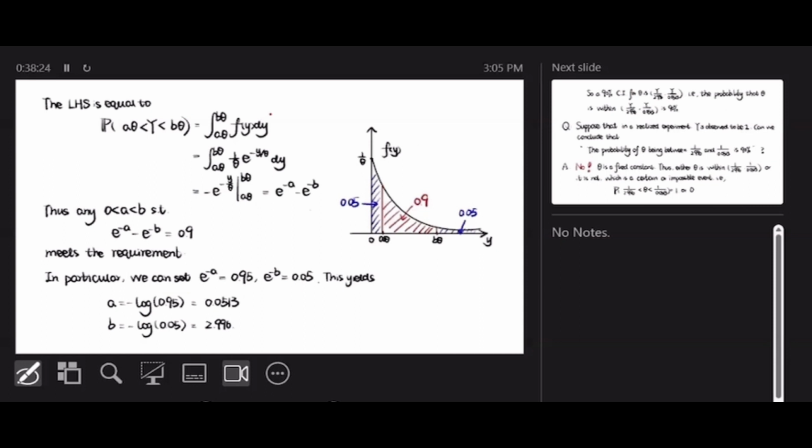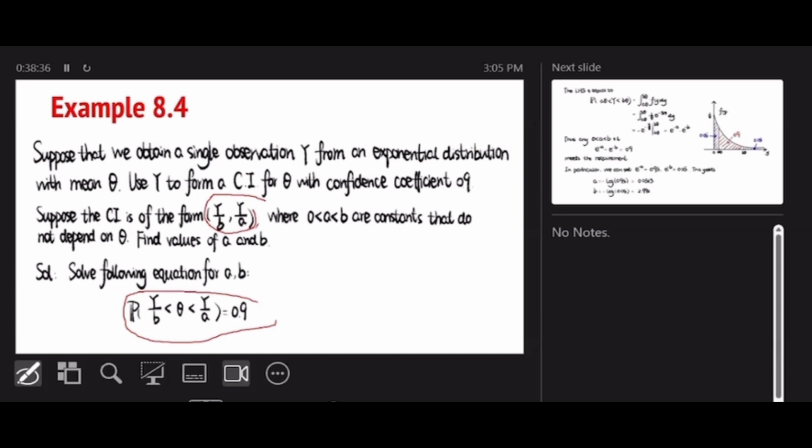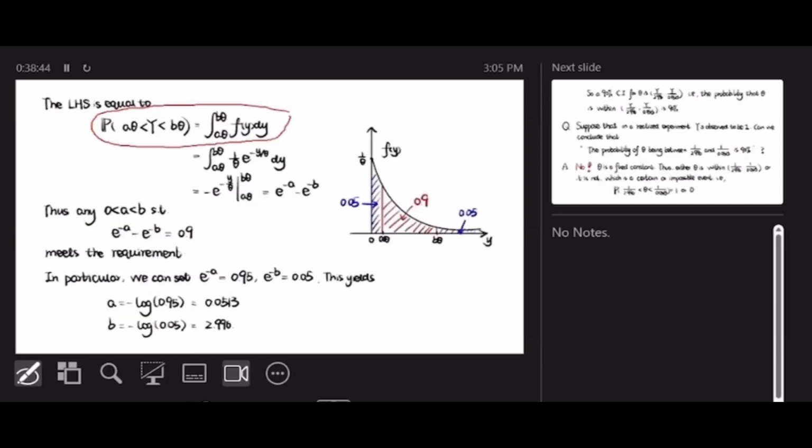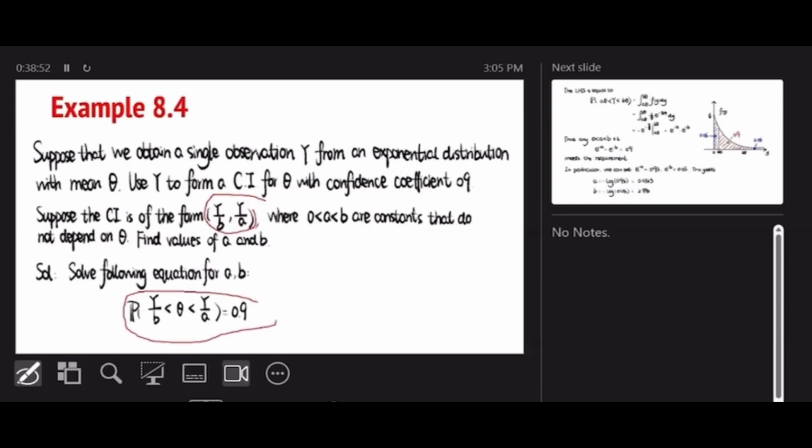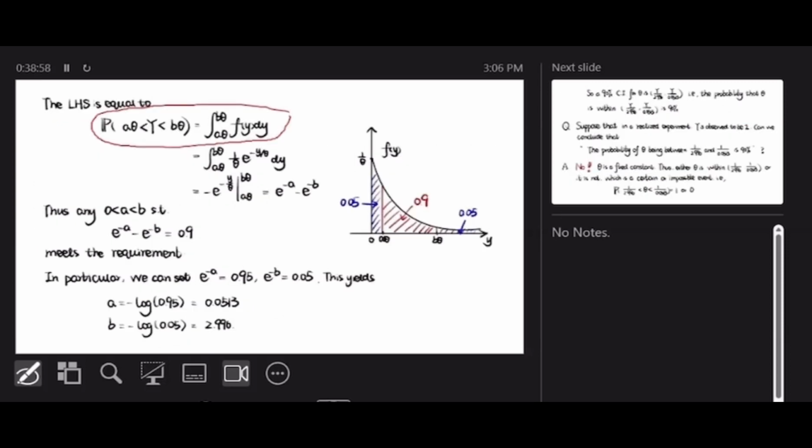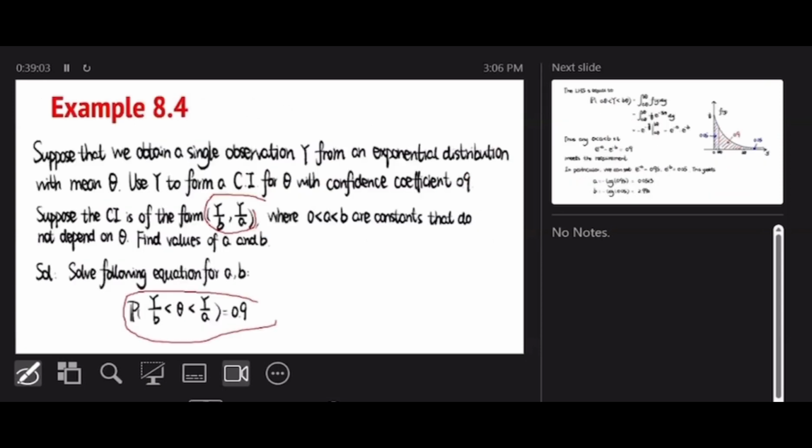Initially I have y over b. I can change that mathematically into y lying between a theta and b theta, so this is the same mathematically as that. Why am I moving it?